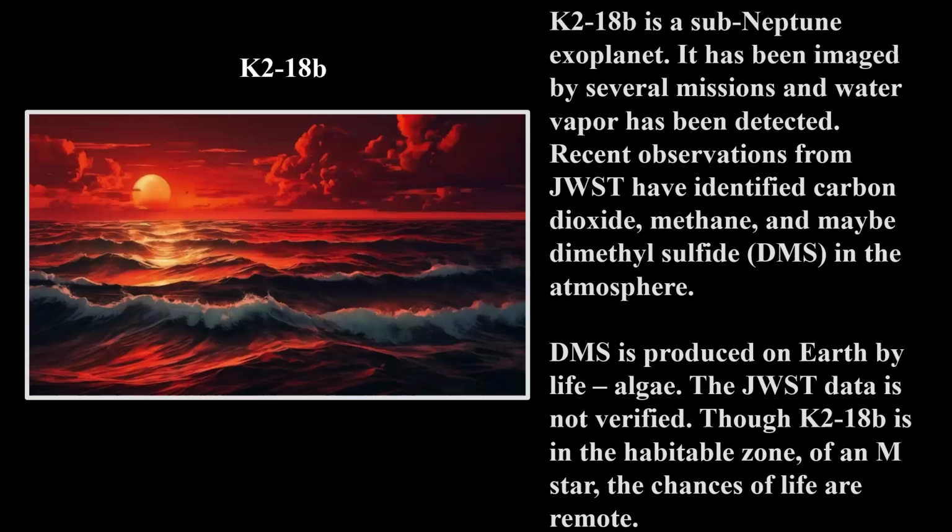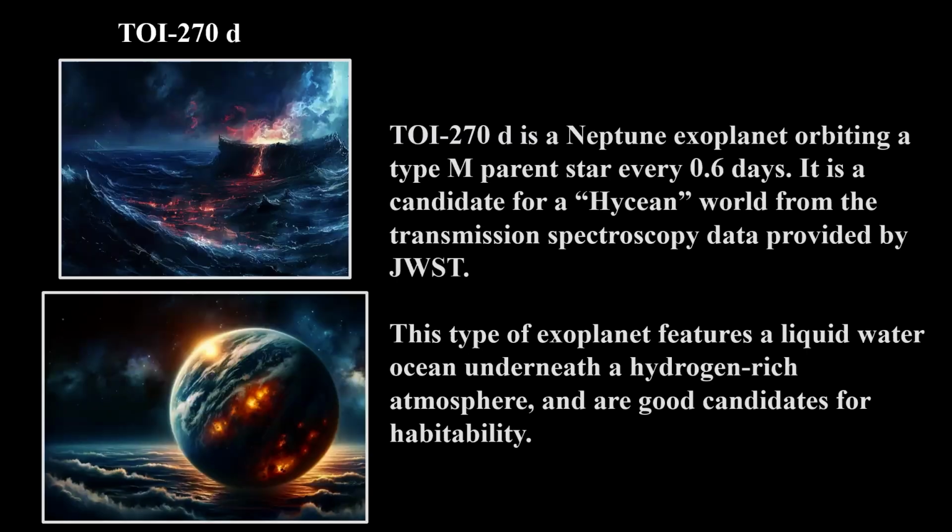After further observations with JWST, other life-indicating molecules, including carbon dioxide and methane, were also detected. Other studies have questioned this result. The YouTube link that I have provided in the transcript gives a detailed summary of the observational data. It's really very interesting.